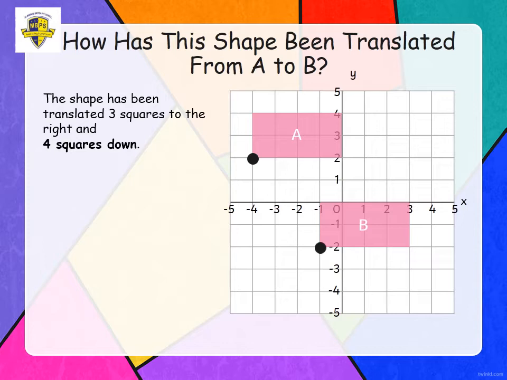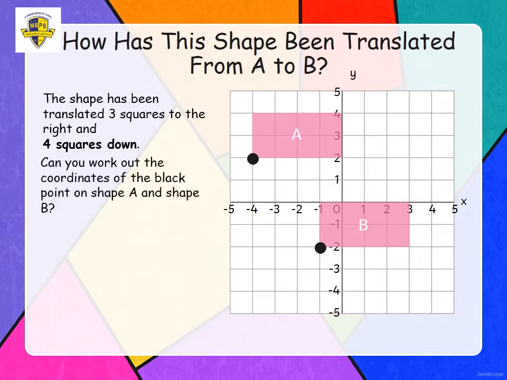It was on 2, excellent, and after that -2. So how many steps do we go down? 1, 2, 3, 4. 4 steps we move down. So the translation here: 3 squares to the right and 4 down.